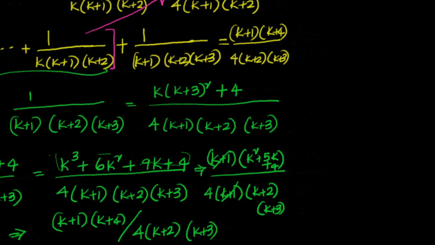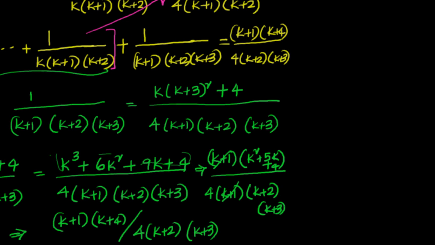Whenever you have to find factors for such a polynomial, always check whether, if you add all the coefficients, it becomes 0. If it does, then k minus 1 is a factor. If you add the alternate positions and see whether it becomes 0, if it does, then k plus 1 is a factor.